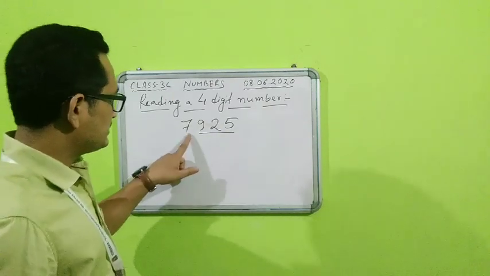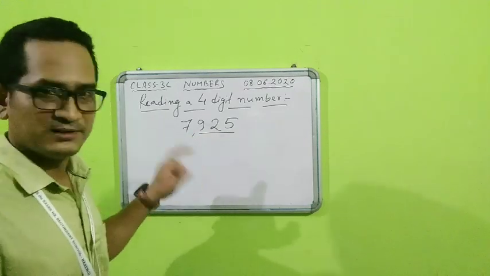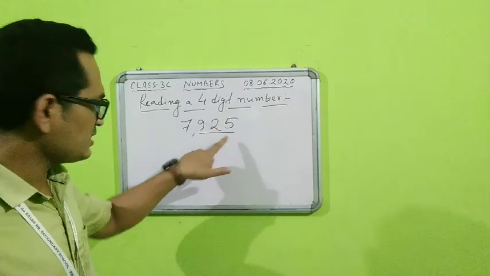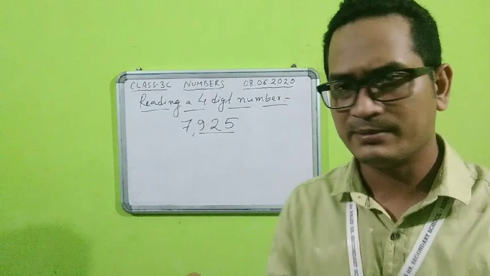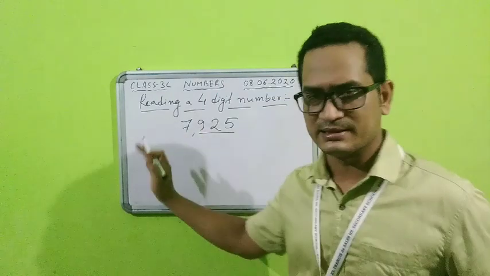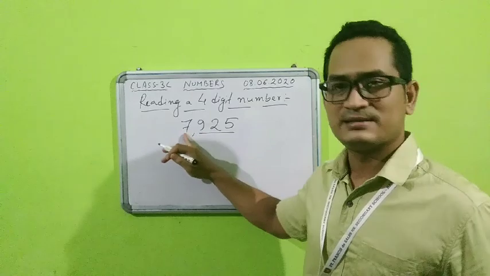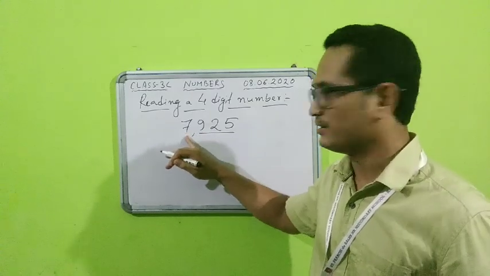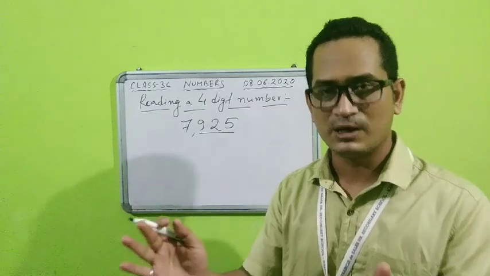Since 7 is in the thousands place, his place is different. So I have to put a comma here. After the 3 places, you put a comma, and this will be the thousands place because it's a different house now. He is not in the same house. He is your neighbor, you can say. This is one house and this is a different house. So that's why I have to put a comma. That means I am separating them. There is a boundary between the 2 houses.